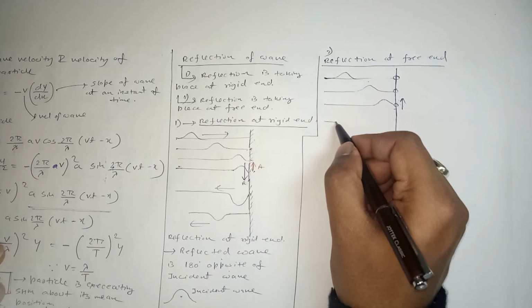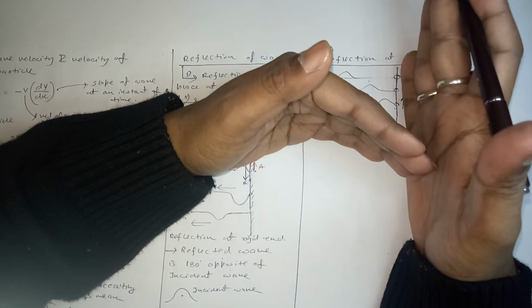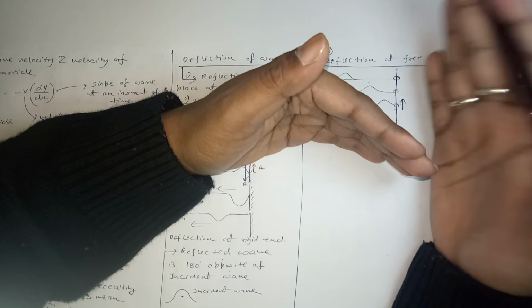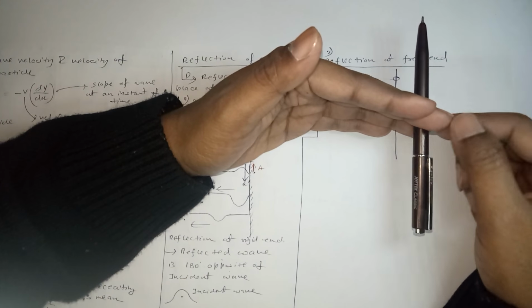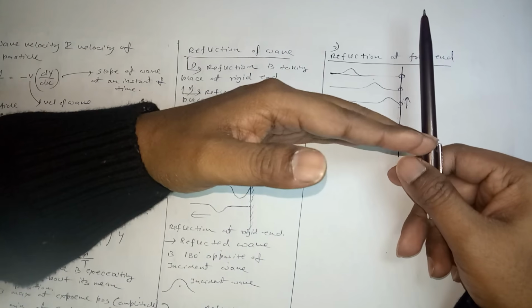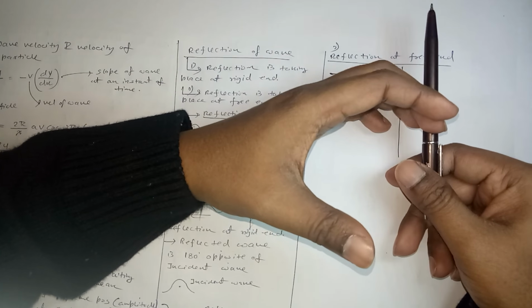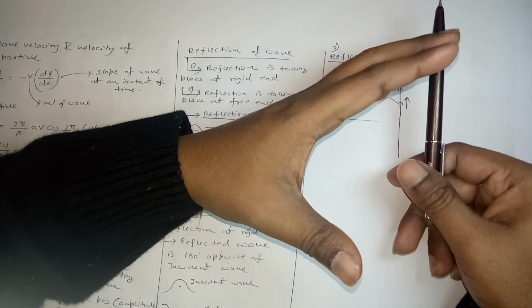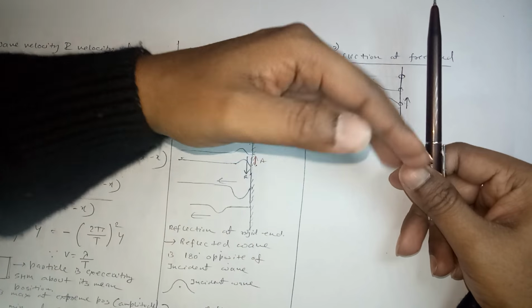When it keeps on sliding, what will happen? This is my rod, and here is the ring. The wave came like this, and now the ring is sliding up and then it will slide down.